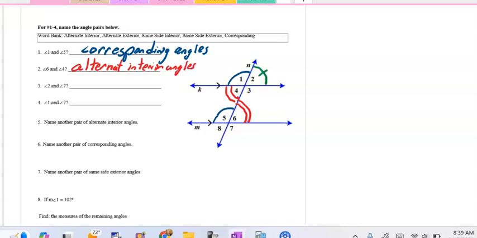Angle 2 that I marked in green and angle 7 are same side exterior angles. And then 1 and 7 are alternate exterior angles.